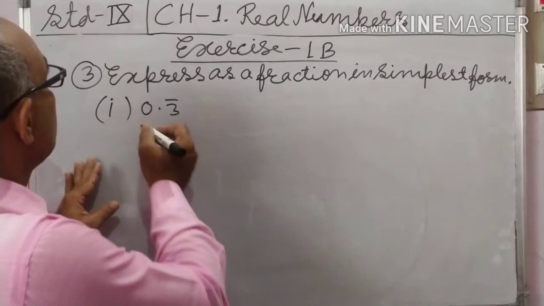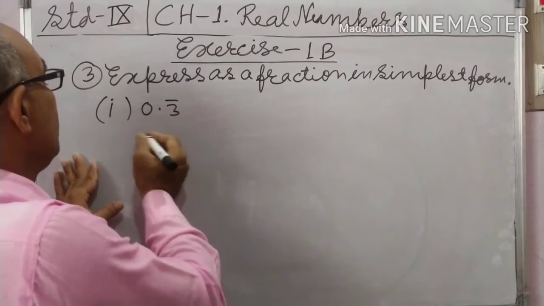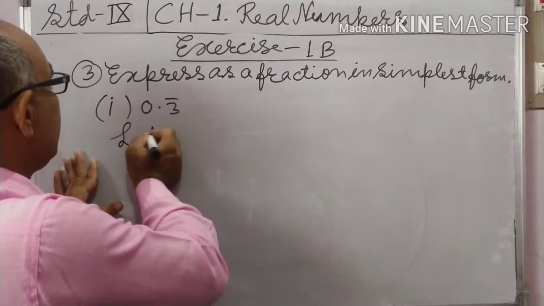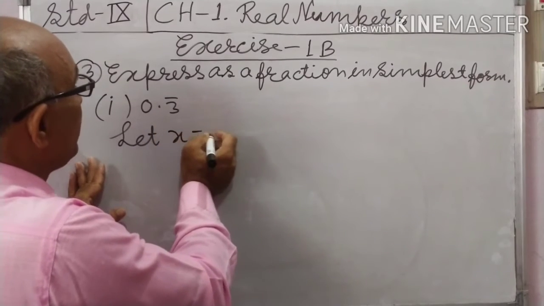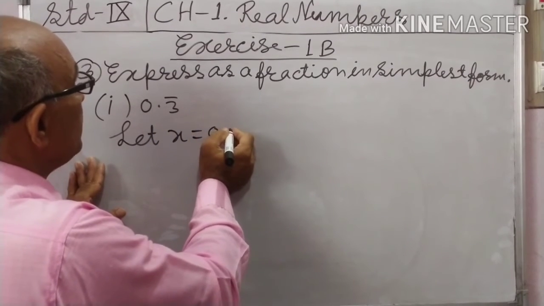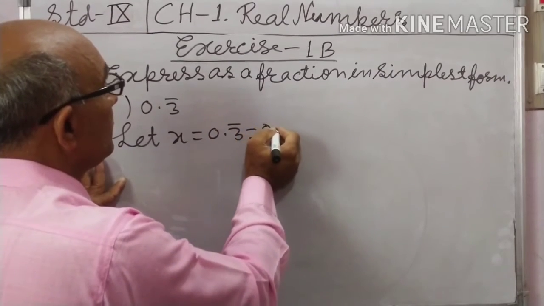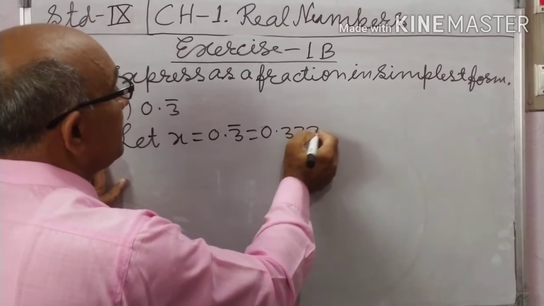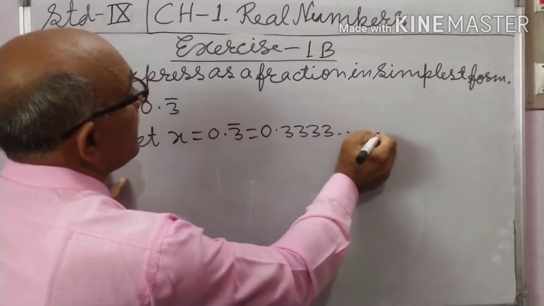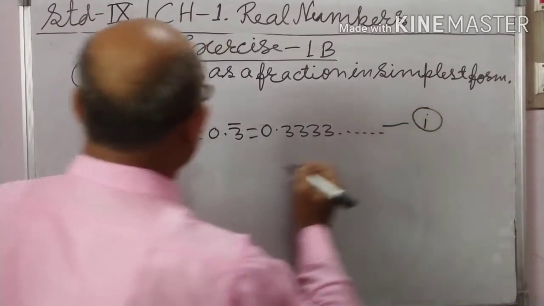So question number 1, 0.3 bar. So by the algebraic method, let x equal to 0.3 bar, equal to 0.3333 dot dot dot. Take it as equation 1.